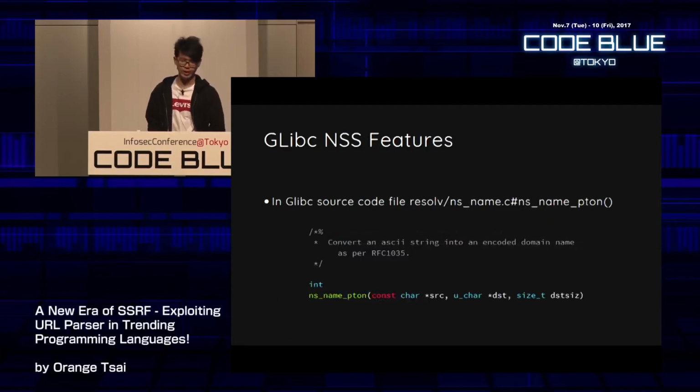Next section is about a feature in Linux glibc. First, this is a weird feature in the NSS function getHostByName. By looking at the source of glibc, there is a comment here: convert an ASCII string into an encoded domain name as per RFC 1035.